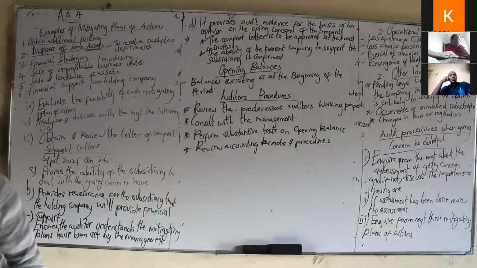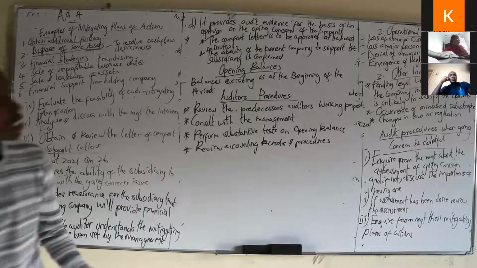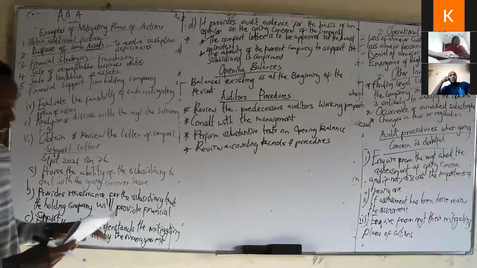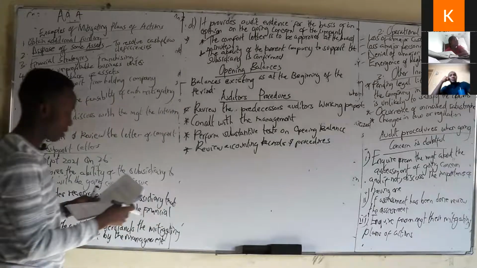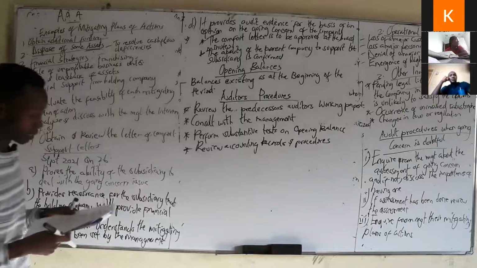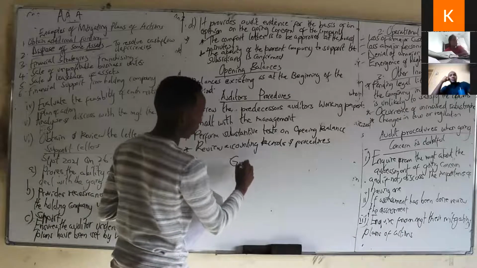Now, the impact of this on the auditor is that if there are any items that he identifies, he should state them in the emphasis of matter paragraph. So that brings us next to the concept of group audits.